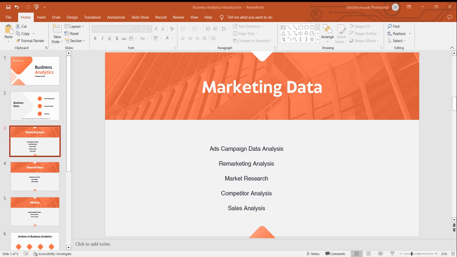That comes under remarketing analysis. Similarly, there is market research, competitor research, right? That comes under marketing data analytics only, correct? And ultimately, any marketing activity has the intention of selling some products. Thus, sales analysis also comes under the marketing data.